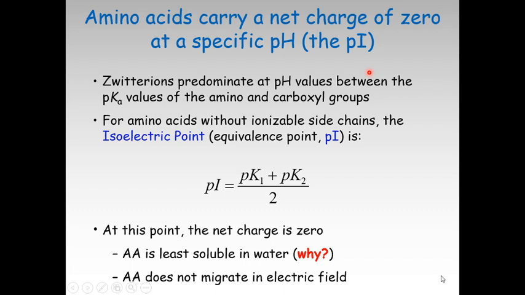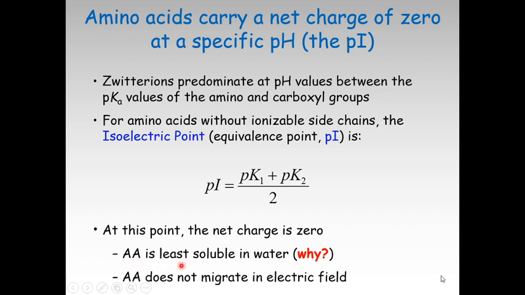So the charges cancel out. Zwitterions predominate at pH values between the pKa values of the amino and carboxyl groups. For amino acids without ionizable side chains, the isoelectric point PI is equal to pK1 plus pK2 divided by 2. At this point, the net charge is 0.